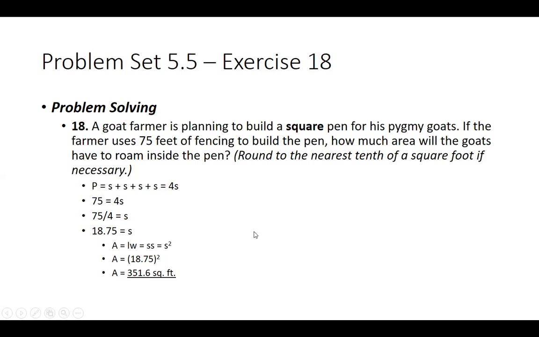So we have a side length of 18.75. We need the area. The area is length times width, or side times side, which is side squared. And when we square 18.75, we get 351.6 square feet.